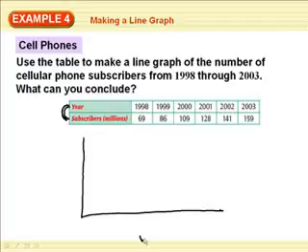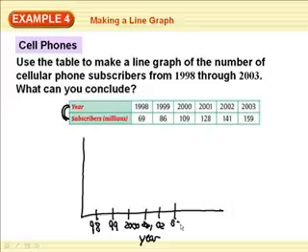The year, anytime you have year information, it should go on your x-axis, and these are going to go right on the line. This is 98. This is 99. You know, when you would have graph paper, this is 2000, 2001, 2002, 2003. The highest number is 159.